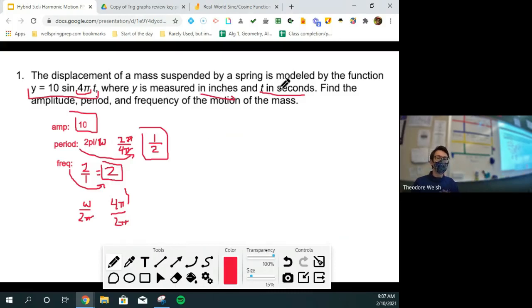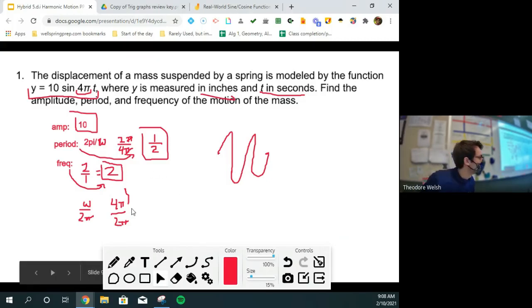Since t represents seconds, a frequency of 2 means it completes 2 cycles per second. So it'll start at our center, go up, down, center, up, down, center, in the distance of 1 second. Depending on what this mass suspended by a spring represents, it would be valuable to know how many times it's going to hit its peak or its minimum per second.